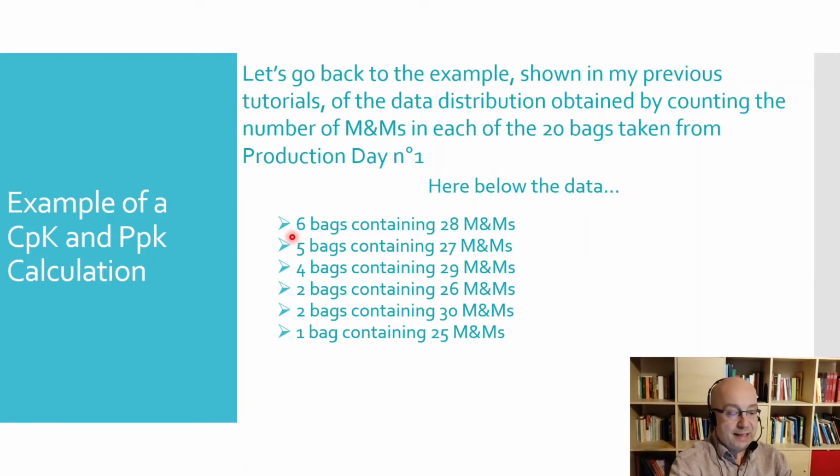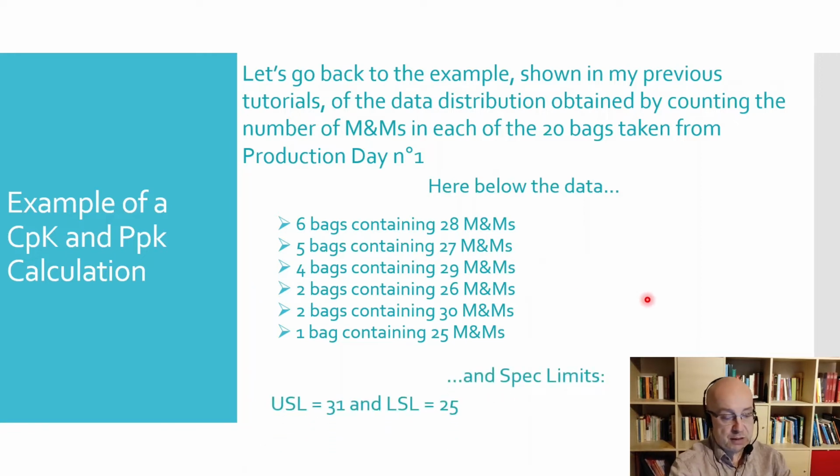So we had 6 bags containing 28 M&Ms, 5 bags containing 27 M&Ms, 4 bags containing 29 M&Ms, and so on. And the specification limits were upper specification limit 31 and lower specification limit 25.